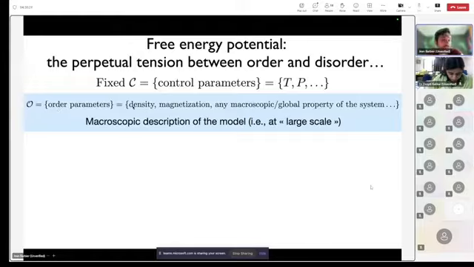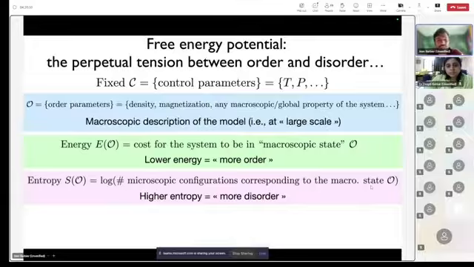So let's say density of particles, the magnetization in a spin system, like the Ising model that we've studied, or any other macroscopic global property of the system. In the context of inference, it would be the minimum mean square error, the overlap with the signal. So this is really the description of the model at the large scale, not the microscopic scale.